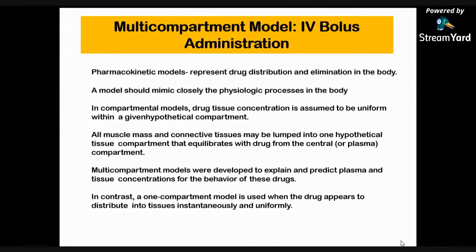So, multi-compartmental models are based on some assumptions. Let's discuss those assumptions. The first assumption is that the blood or plasma and the highly perfused organs such as brain, heart, lung, liver and kidneys constitute the central compartment.